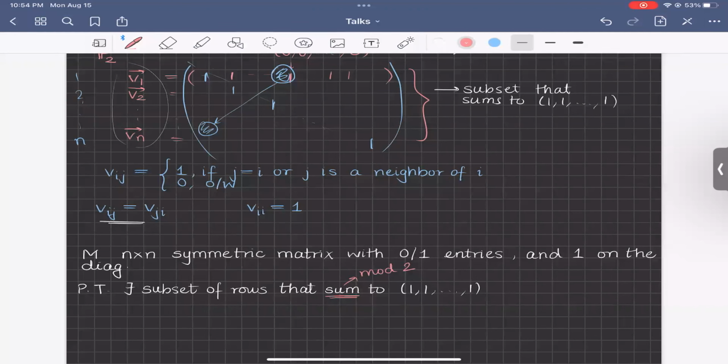Wait, so we're multiplying by a vector in some sense. With each row, if we want to take it, we put a 1, and if we don't want to take it, we put a 0. Correct. Basically we want to show that there exists a vector v such that the product equals 1, 1, 1.